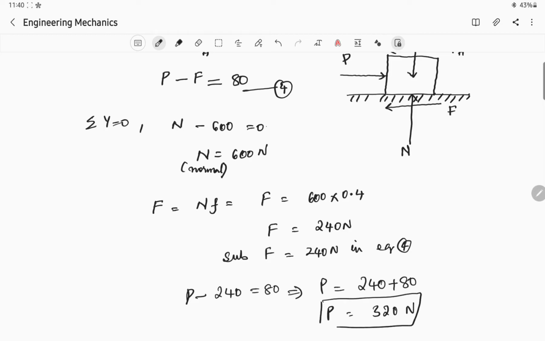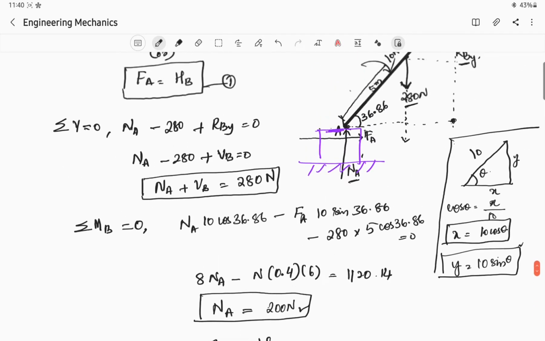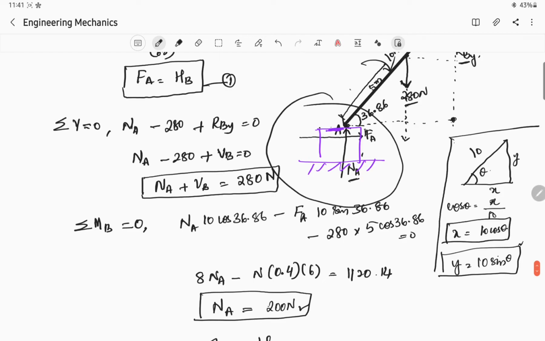So this is how we calculate the unknown forces when we have two different bodies. How many bodies were we having? Two different bodies. So different bodies will have different weights. That is why we select the independent body. First we calculate the unknown reactions from the independent body, then we apply the forces which are coming from the independent body to the dependent body.